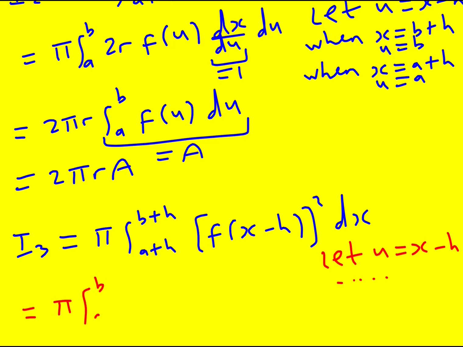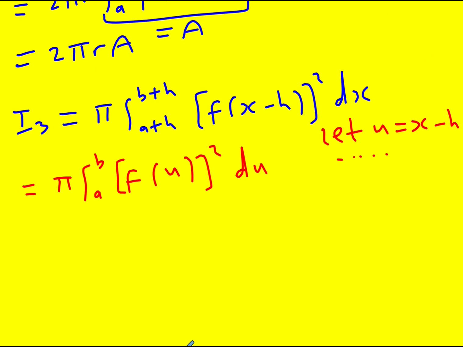So again, it's going to be from a to b, f of u squared du, and this would simply equal v.